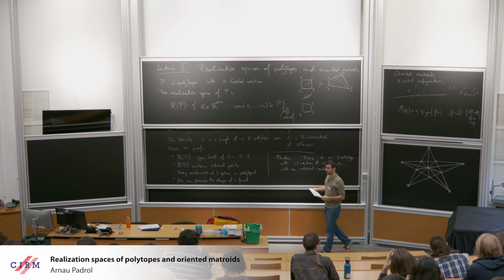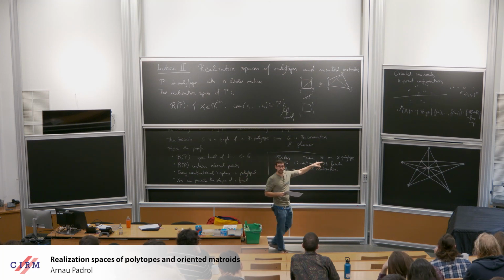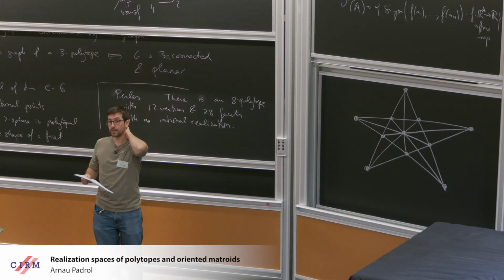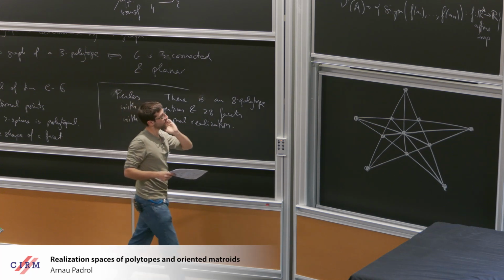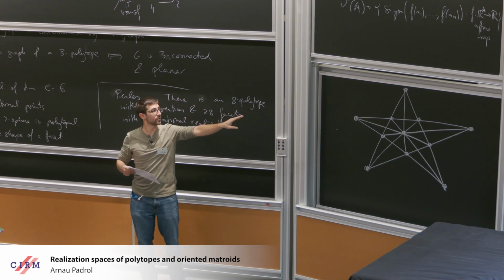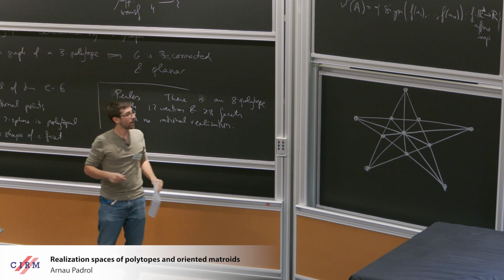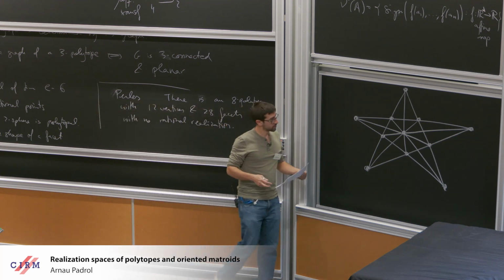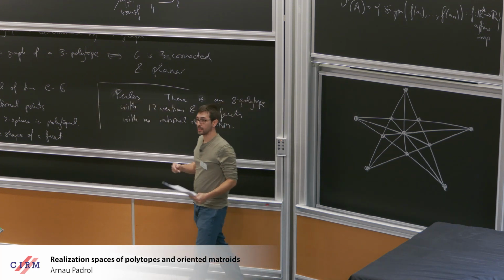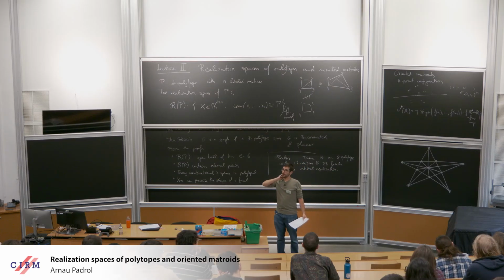Okay, so what Perles did essentially is to consider this point configuration. You just draw it with the right collinearities and consider all the realizations of this point configuration. And if you try it, the first thing you realize is that this is projectively unique. What do I mean by projectively unique? That there is only one realization up to projective transformation.